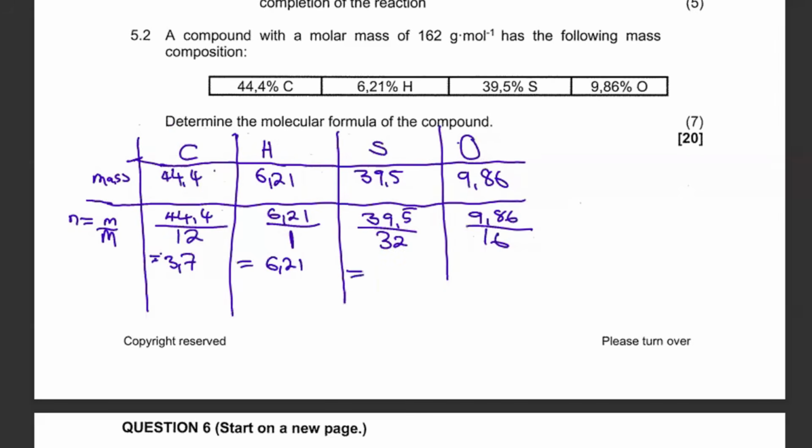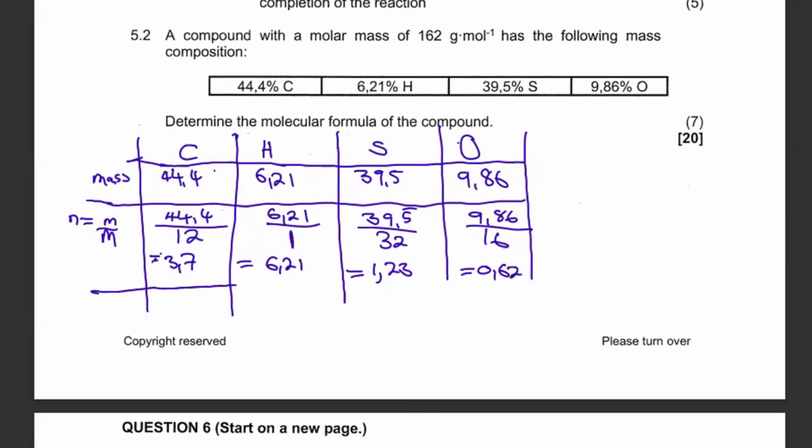Then 39.5 divided by 32 gives 1.23. The last one, oxygen: 9.86 divided by 16 gives 0.62 when rounded off. So this is what we have there.